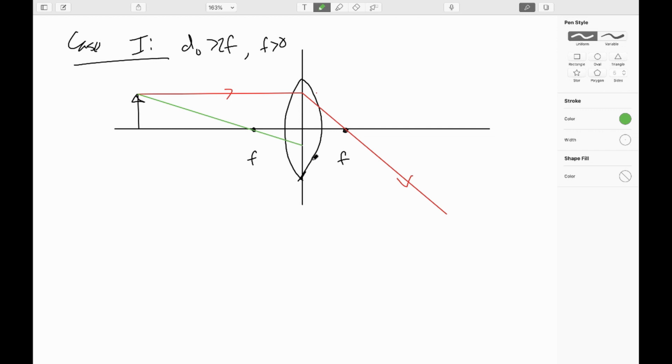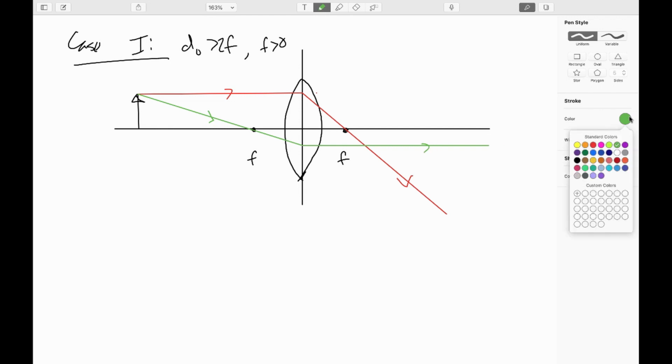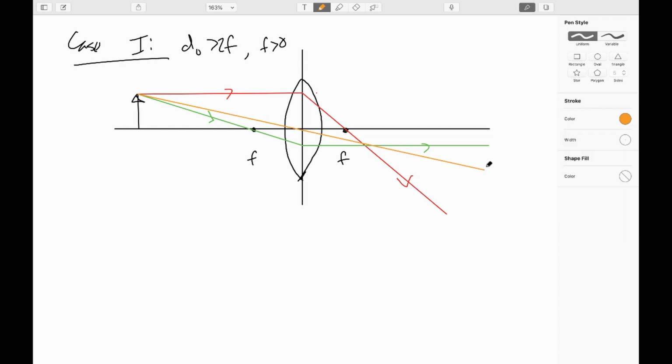You take it to the principal plane, and then that ray will go out parallel. And then to check your work, the central ray is your truest, bestest friend, and this one is really straightforward to draw. It just shoots right through the intersection of the optical axis and the principal plane.